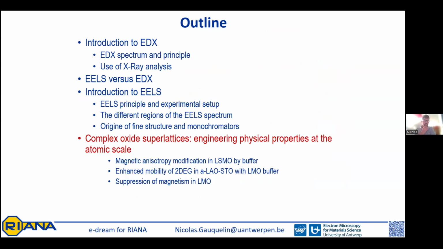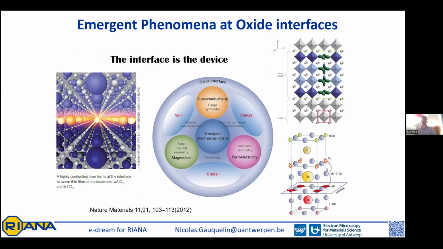So I will finish, maybe going very briefly through complex oxide superlattices. As you see here, these are emergent phenomena at oxide interfaces. You all know the conductive LAO-STO interface. You know the suppression of magnetism when you put a ferromagnet in interface with a superconductor.